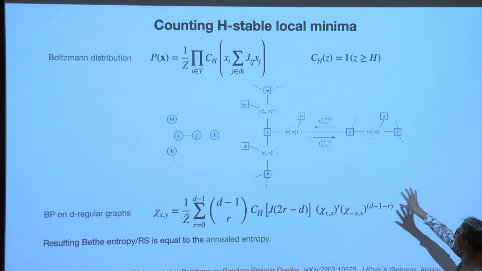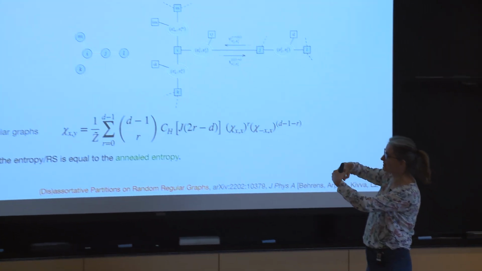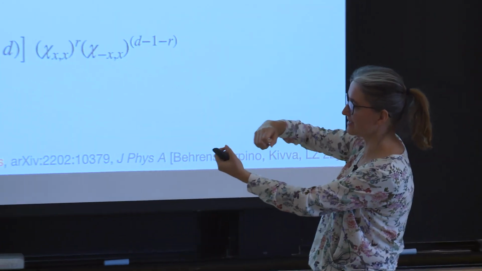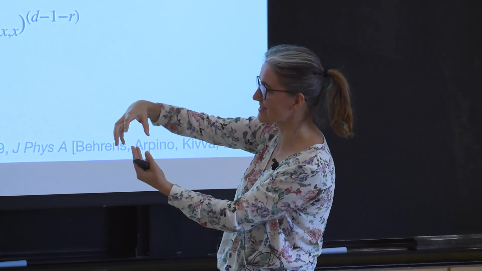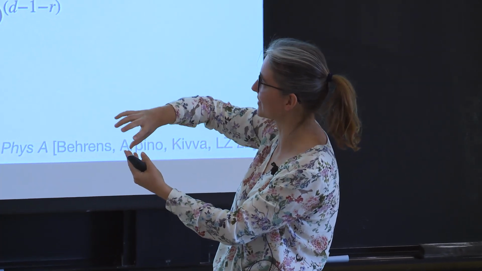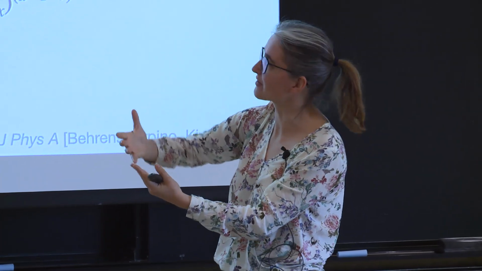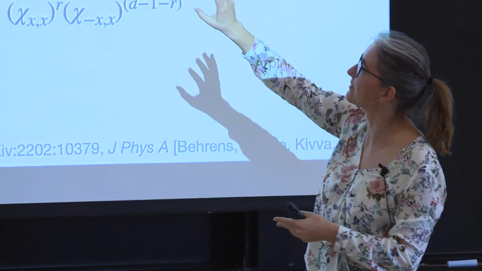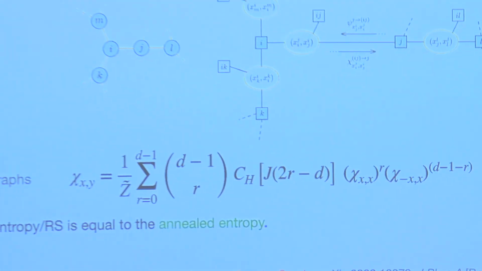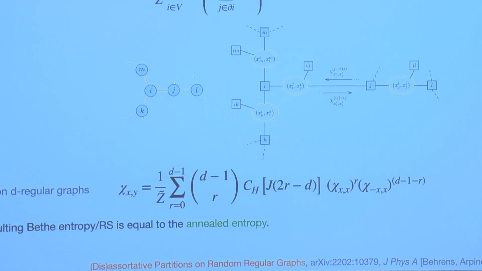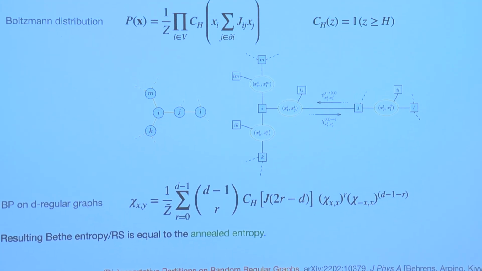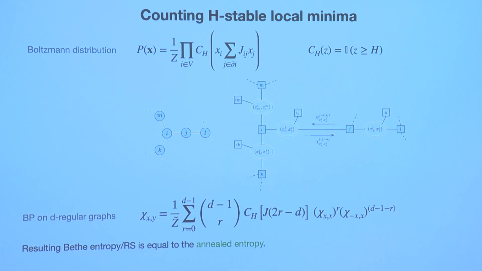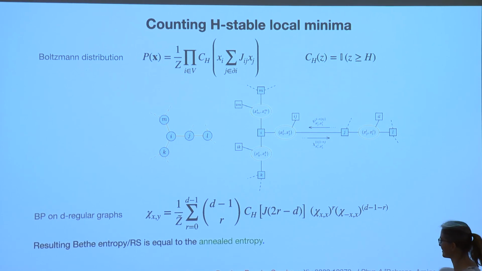So we need to make a trick where we copy the variables on the edges and add additional constraints of consistency between the different copies of variables. And this creates a graphical model representing the same probability distribution, but in a way that is locally tree-like. Now, once it is locally tree-like, we can run the belief propagation. We have a good reason to believe that it will actually work.